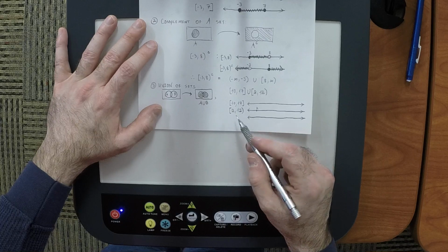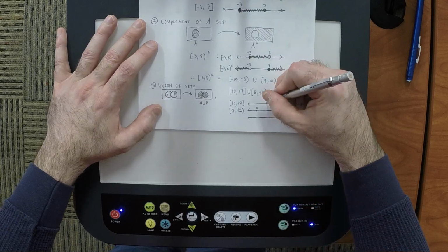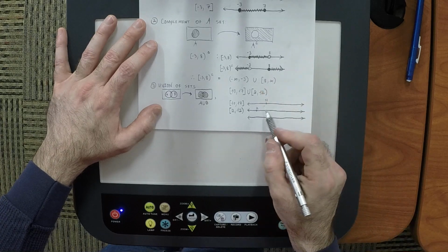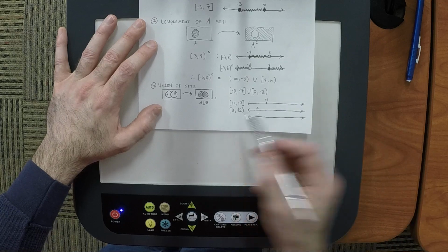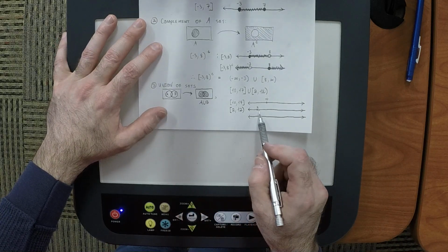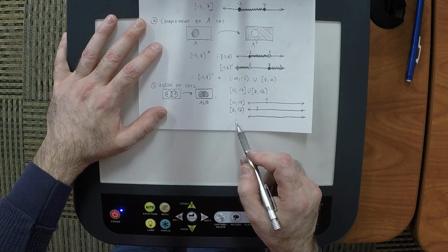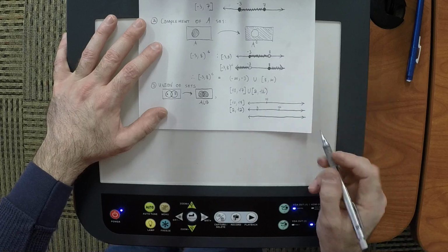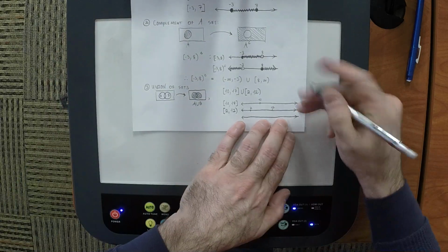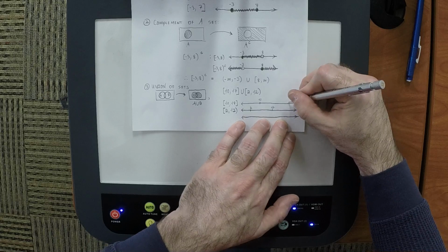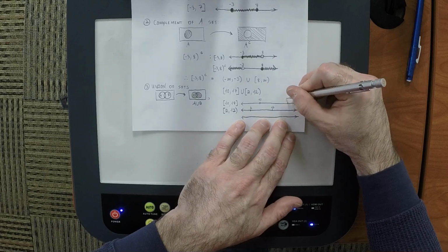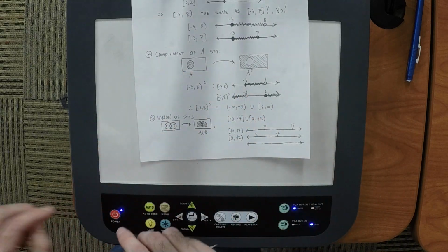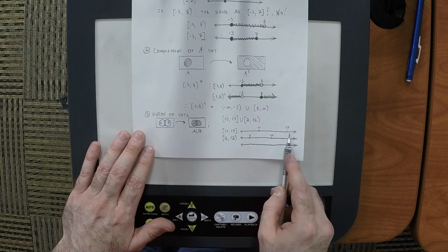Excluding 2, now which is least? 10, so I'll plot it to the right of 2, and I need enough room for the other two numbers. Excluding 2 and 10, which is least? 12. And excluding 2, 10, and 12, which is least? 17, right? It's the only one. So now we have the left to right order correct. So 2, 10, 12, 17.